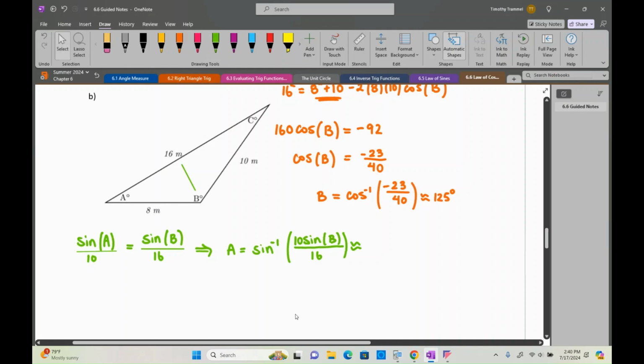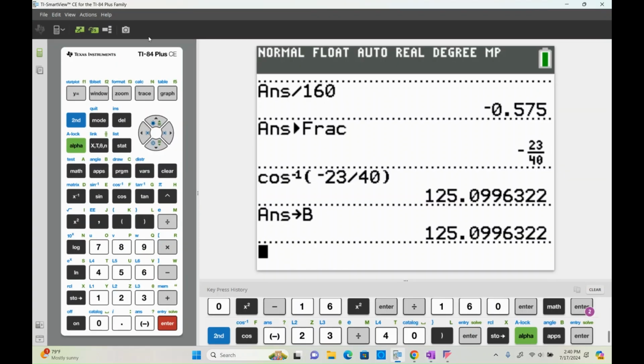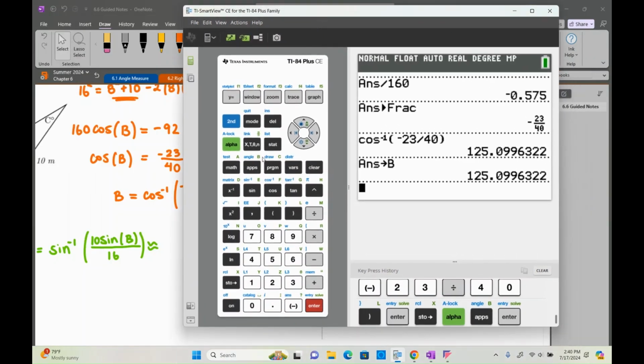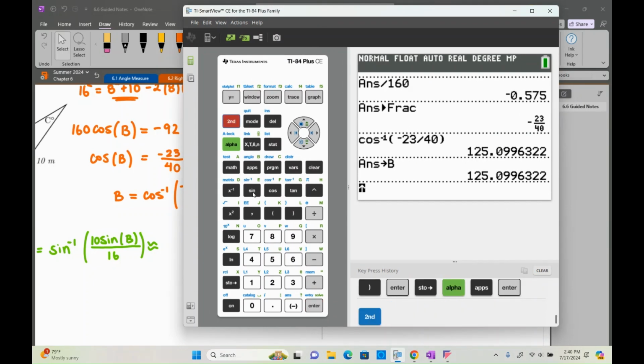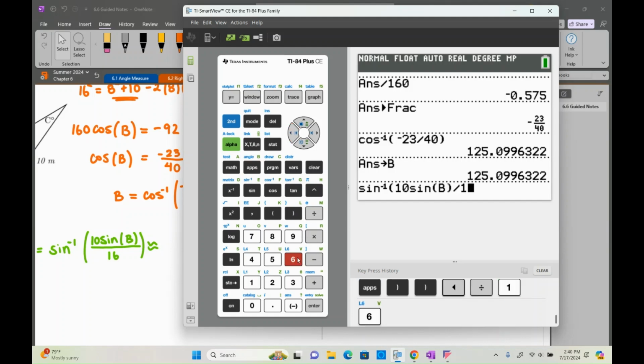All right, so let's go ahead and get that one plugged in. So I have sine inverse of 10 sine B, and then I want to divide that by 16 before I close off my inverse sine here.